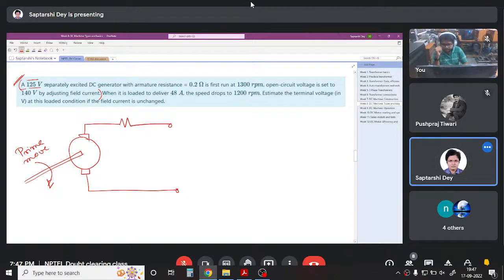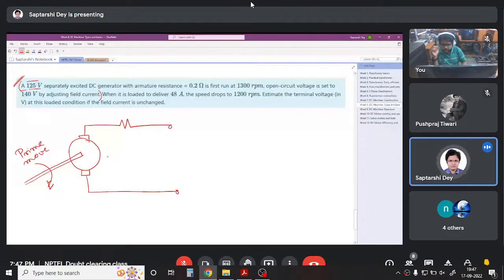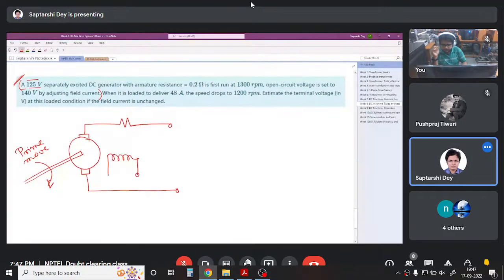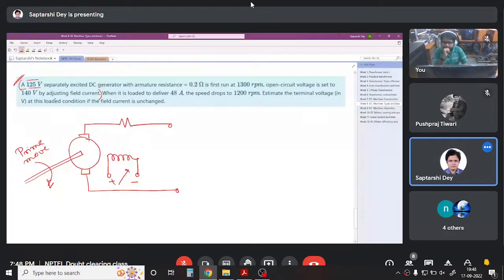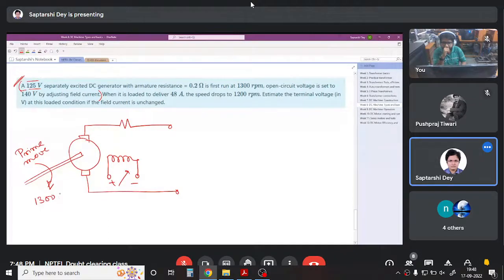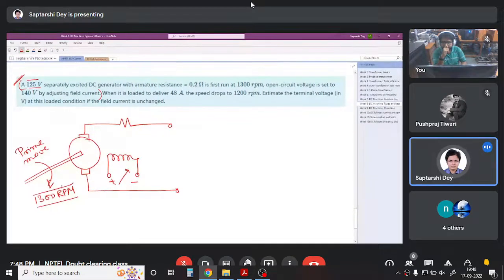Now you see, its nameplate rating says it is 125 volt. There is a field winding also, some voltage, a variable voltage. So the nameplate rating is 125 volt and the machine is run at 1300 RPM. So the prime mover setting is set such that it rotates at 1300 RPM.